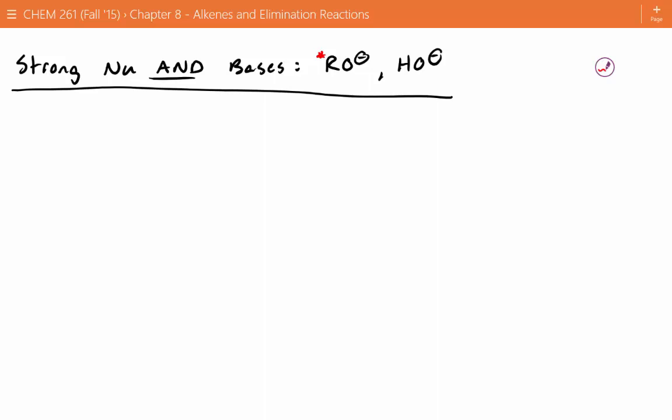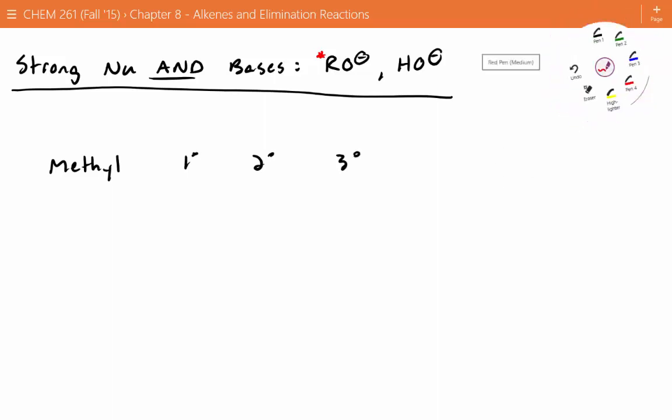So let's do the same thing that we did with the other ones. So I'm going to say, all right, methyl, primary, secondary, and tertiary. All right, so we've got something that's a strong nucleophile. That means it could do SN2. Does SN2 favor methyl carbons or tertiary carbons? Methyl.